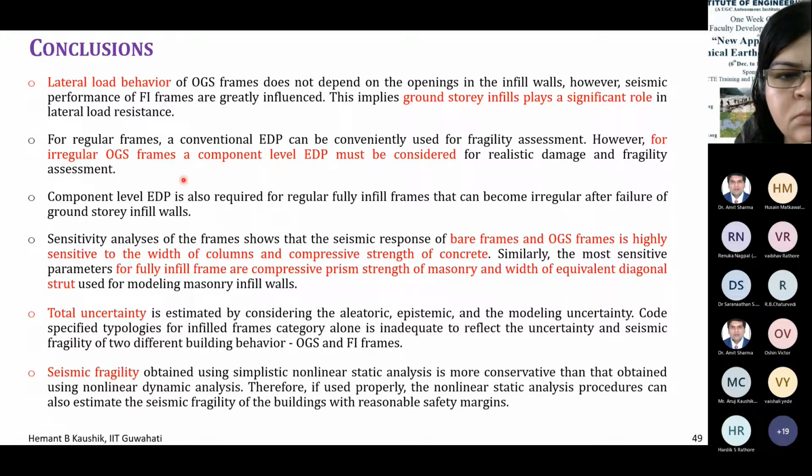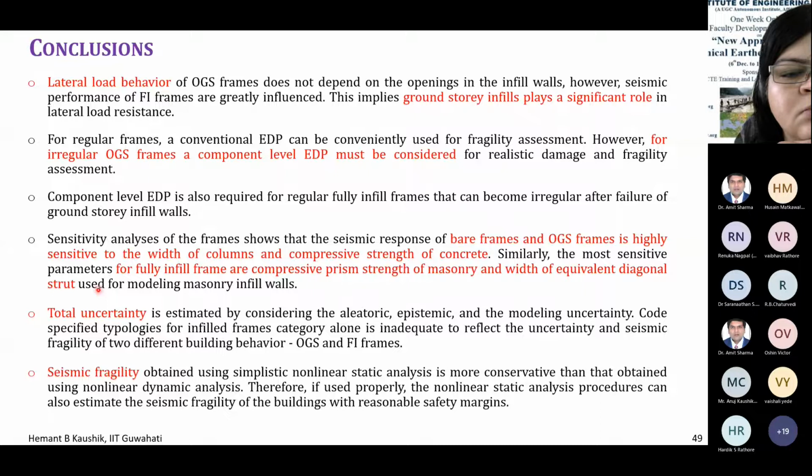For regular frames, we can use a conventional engineering demand parameter. But for irregular frames, we have to use the component level engineering demand parameter for estimation of realistic damage and fragility. The component level EDP is also required for regular fully infilled frames that can become irregular when we have failure of the ground floor infills.